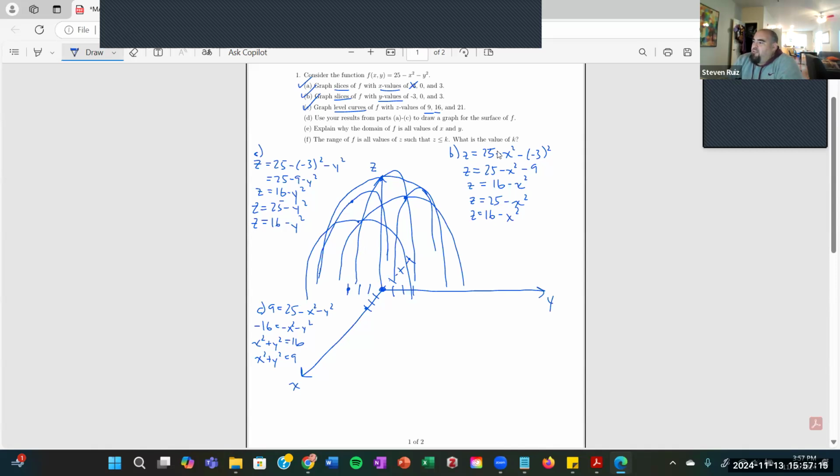So I think this needs to be a little larger. Okay, this one makes more sense. And then finally 21. This last one is going to be x squared plus y squared equals 4. So when z is equal to 21, I'm going to have a radius of the square root of 4. That'll be 2. So something like that. Not totally to scale, but like I said, we're just looking for a sketch here.